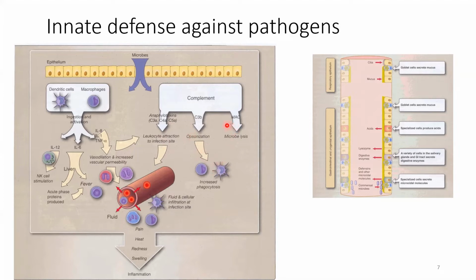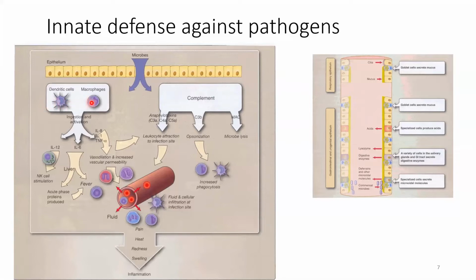And we also have the membrane attack complex. This is the final step of complement, in order to cause bacterial cell lysis. And we also have phagocytic cells, not just neutrophils.